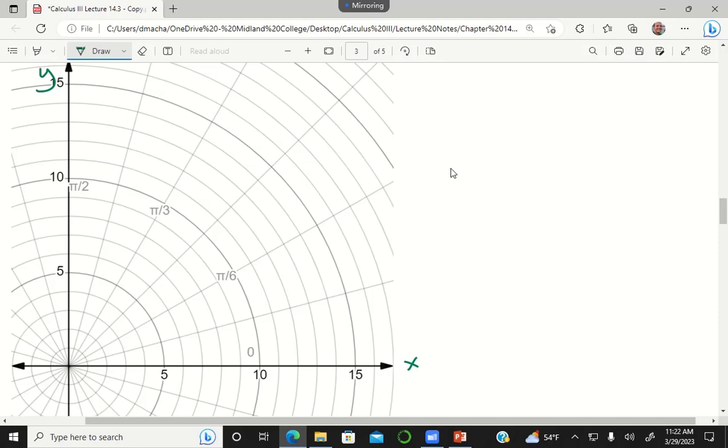So this would be 0 along the x-axis, and then theta would be pi over 6 along this ray, and then theta would be pi over 3 along this ray, and then theta would be pi half along the y-axis. So these are measures of theta. And then the distance away from the origin is r, right? So this is just gridded up for polar coordinates.